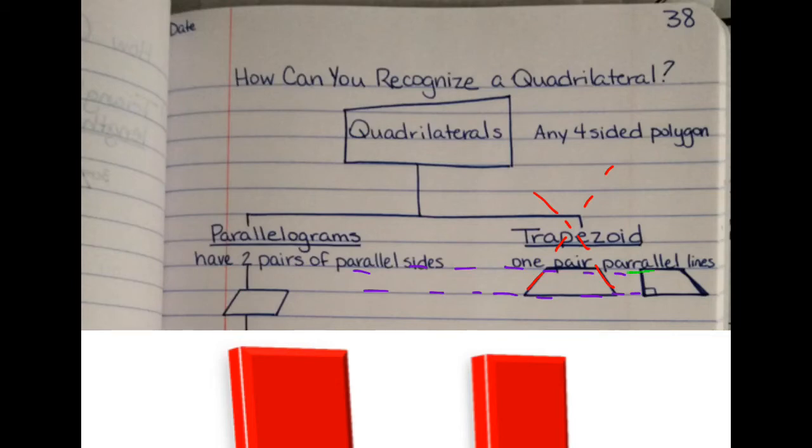You could extend this side on forever, and it would never touch. But if you do the opposite sides right here, even this one, it's straight up and down, if you continue this one on, they would intersect. So they are not parallel. So the trapezoids only have one pair of parallel lines.